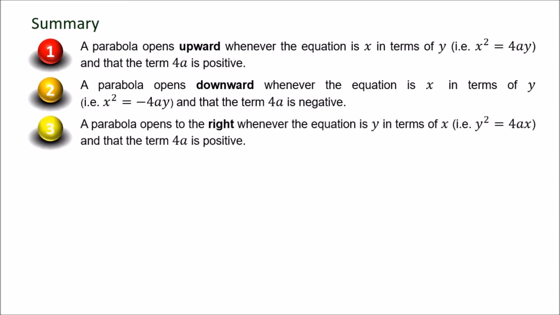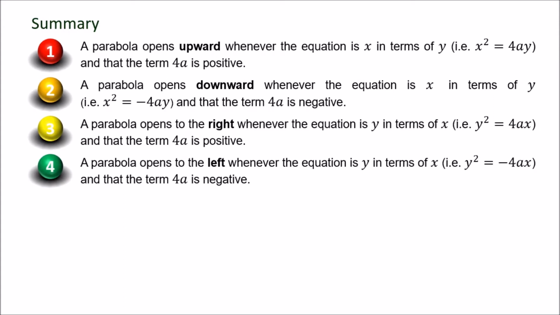A parabola opens to the right whenever the equation is y in terms of x, i.e. y squared equals 4ax, and the term 4a is positive. A parabola opens to the left whenever the equation is y in terms of x, i.e. y squared equals negative 4ax, and the term 4a is negative.